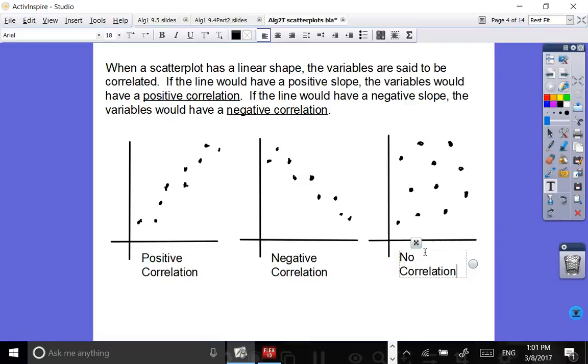Now, saying it's predictive does not mean, this is like the number one fallacy that people make when they're using statistics, that correlations do not mean cause and effect. You can never take that step. Just because you correlated two things, you can't say, oh, therefore this causes this.